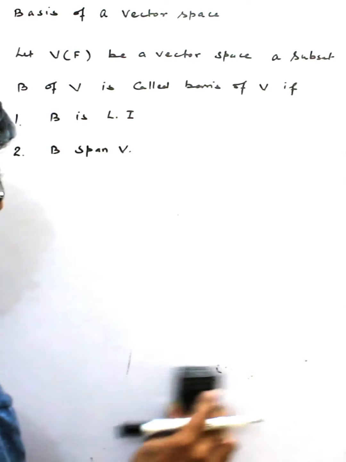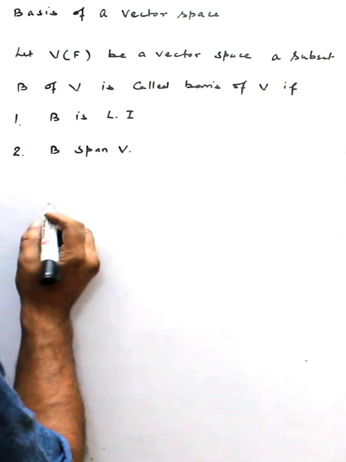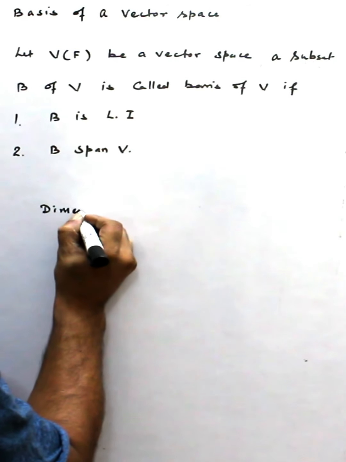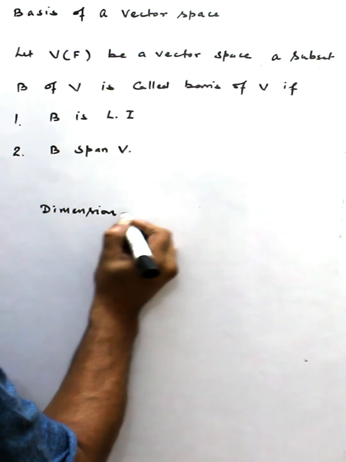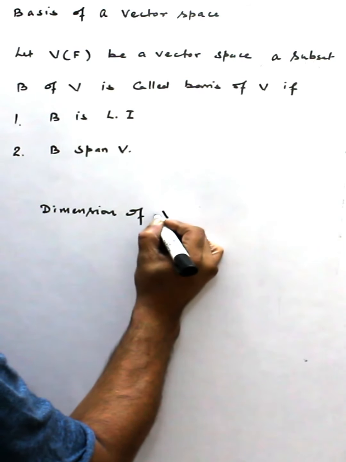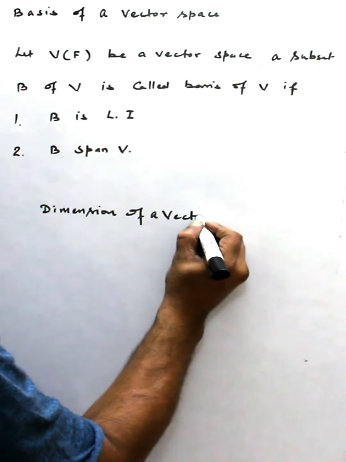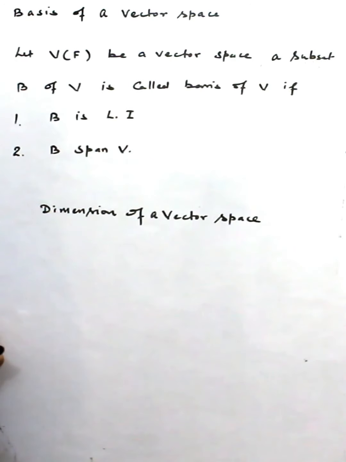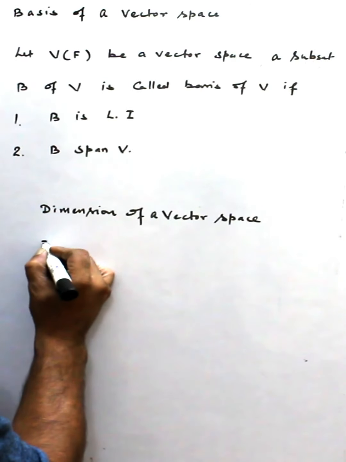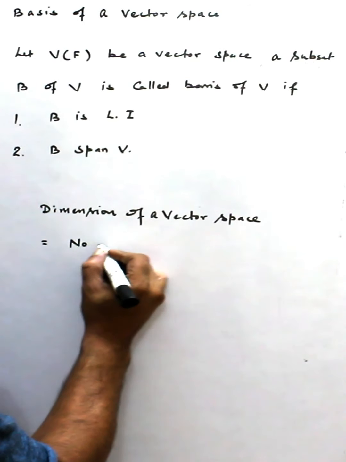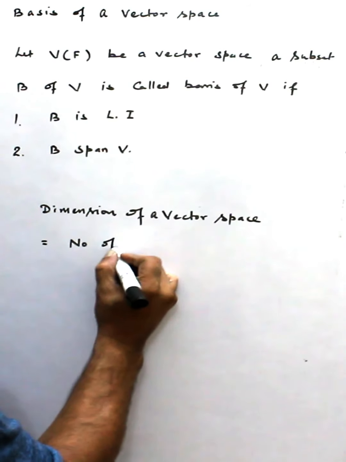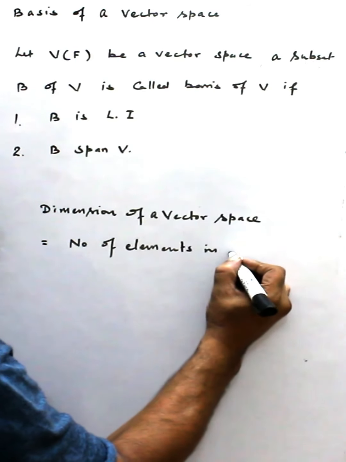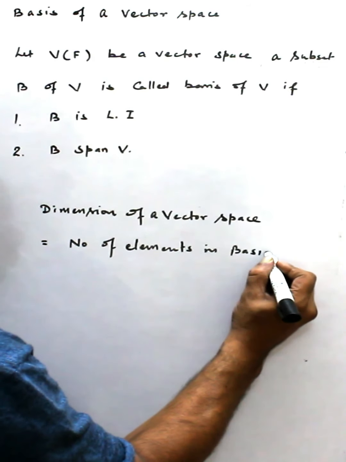One more thing I tell you here: the dimension of a vector space is the number of elements in a basis.